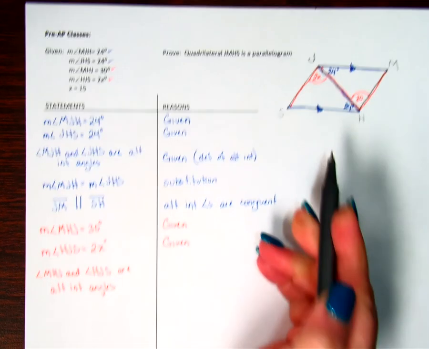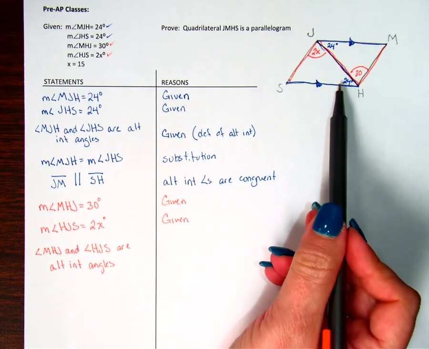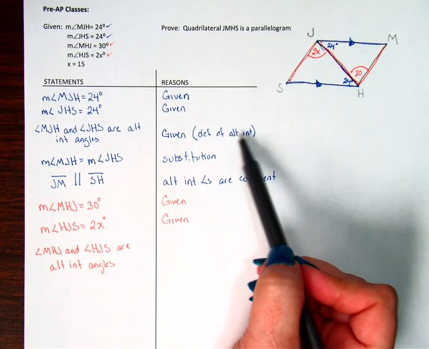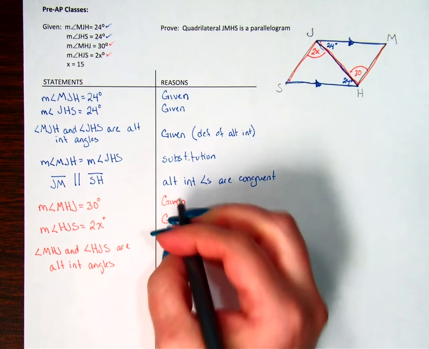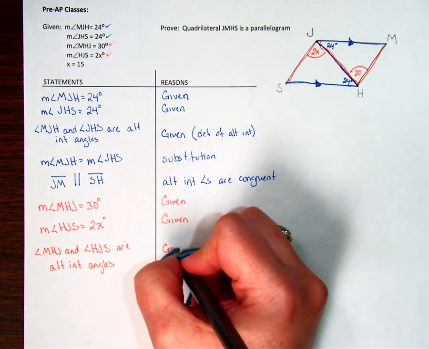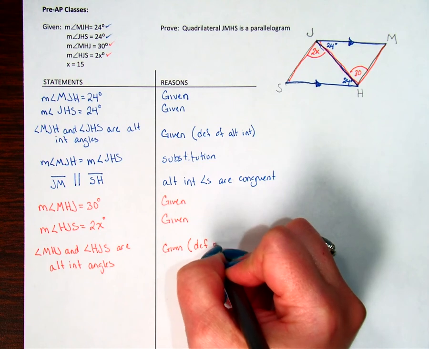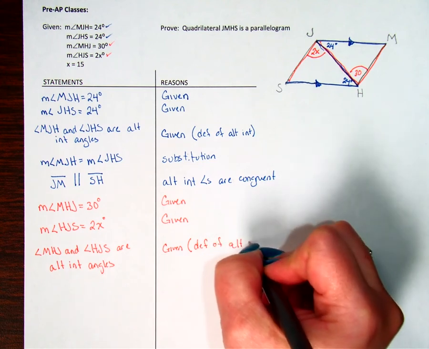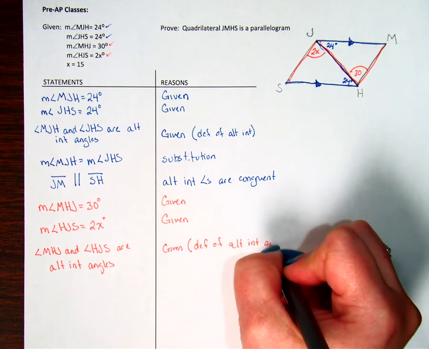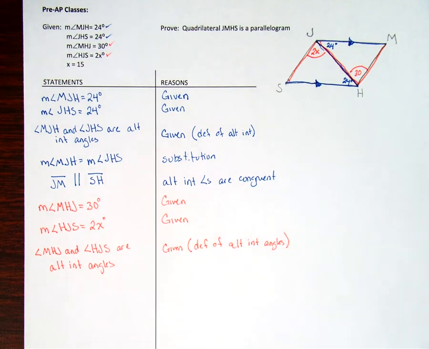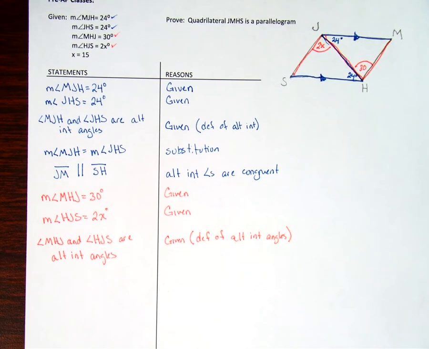And I can either say that was given to me by the picture I drew, or I can call it the definition of alternate interior angles. Okay? I can put either one. I would take either one of those for that one.